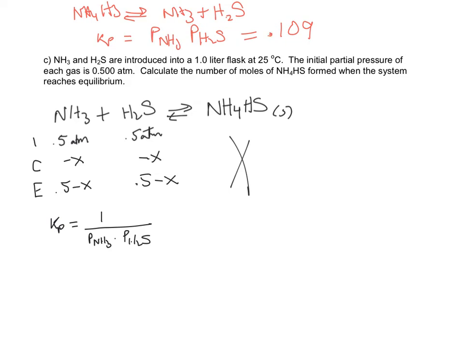Okay? So, you can use this expression and say that the partial pressures of these two is equal to 0.109, and that this we figured out at equilibrium is 0.5 minus X, and this is 0.5 minus X. So 0.5 minus X times 0.5 minus X is equal to 0.109, and solve for X. Can do it that way.